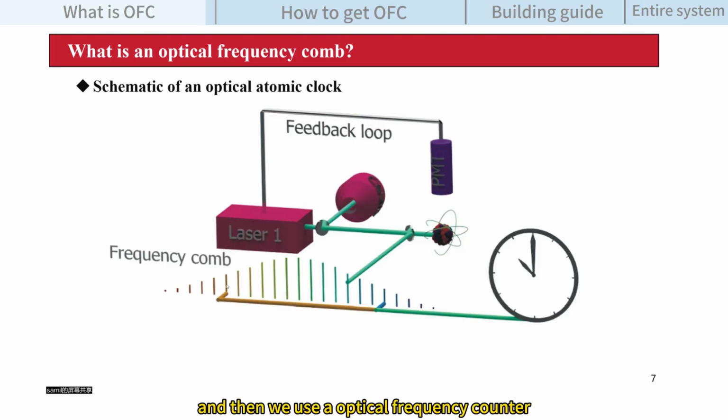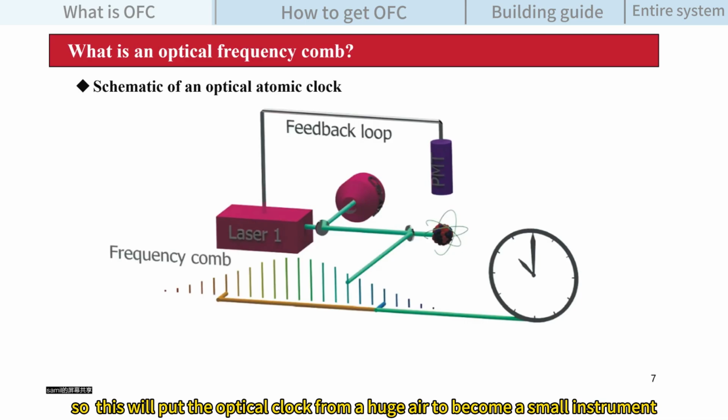And then we use an optical frequency comb to convert this optical frequency to the microwave frequency, then we can measure it and get the time. So this will turn the optical clock from a huge apparatus into a small instrument.